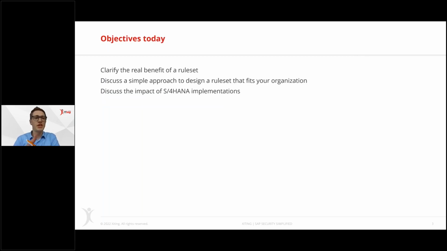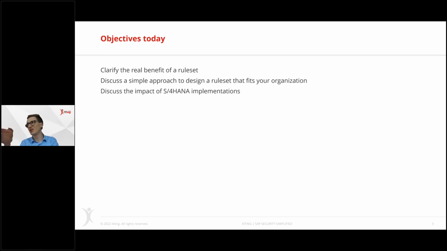All right, so objectives of today's session. First of all, answering the initial question, as I said, but also having a good conversation about a simple approach to design this rule set. And there's no perfect rule set, not at all. There's no standard rule set that you can just easily implement.